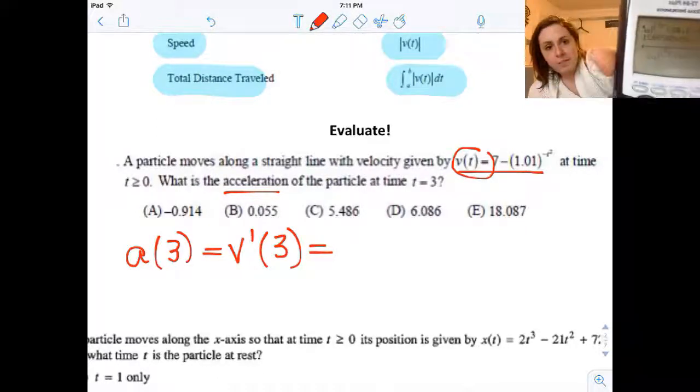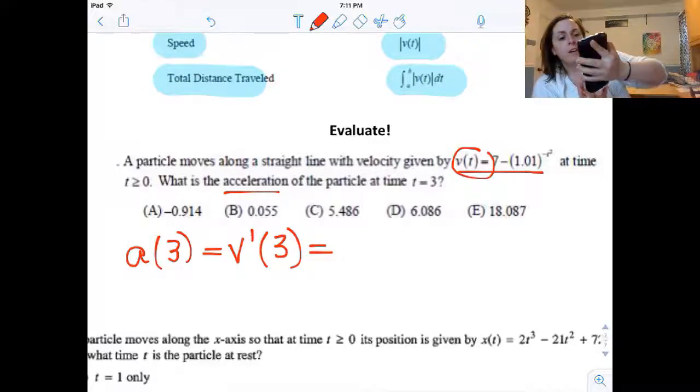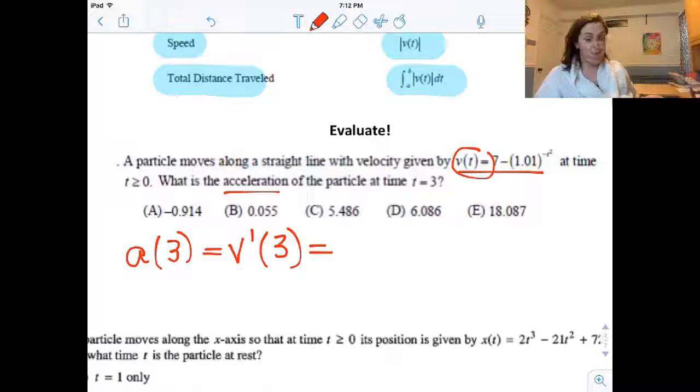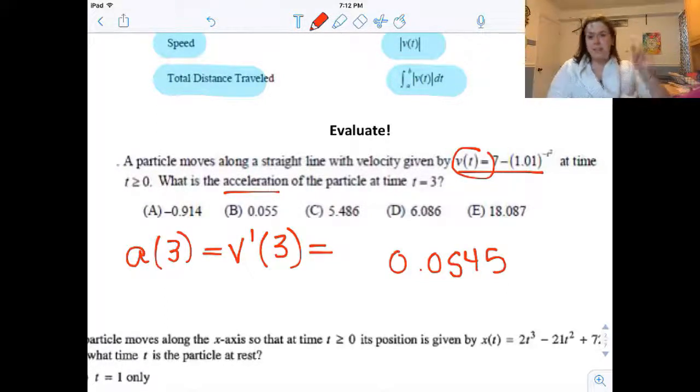So put in all those, evaluated it at x equals 3. I hit enter, and that gives me 0.0545, sorry. They're never going to give you one where it's a difference of like 1/1000th, because remember that you can always round or truncate. So this would be B.